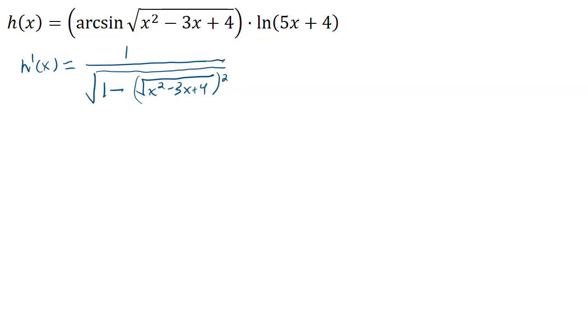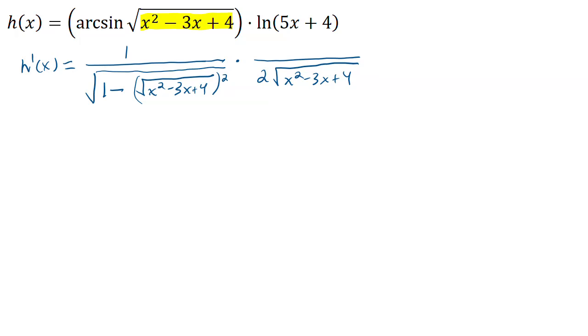So that's not the entire derivative of this first function. That's the derivative of the outer layer of this function. We have to apply the chain rule and keep going inside. So now we have to multiply by the derivative of the inside function, which is the square root itself. So we have to multiply this by the derivative of the square root function, which is 1 over 2 of those square roots, times the derivative of the inside function.